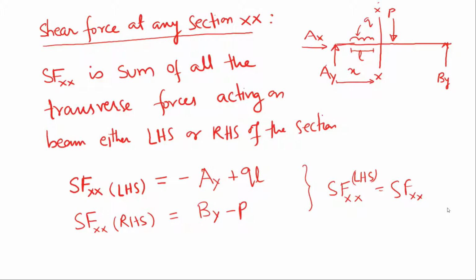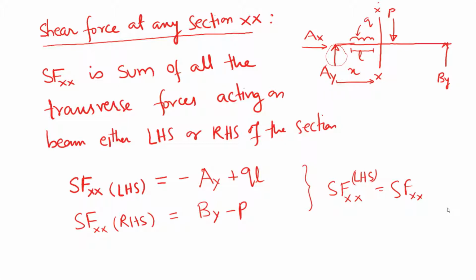Now the shear force at any section XX. How will we calculate it? First we should know the definition: the shear force at any section XX is the sum of all the transverse forces. This is a transverse force AY.